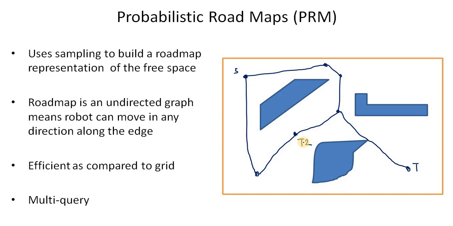None of them is perfect. For example, the RRT is fast, but it's not multi-query, and the PRM is multi-query, but it requires an additional path search algorithm, for example, Dijkstra's algorithm, to search a path. So everyone has their own plus and minus points.